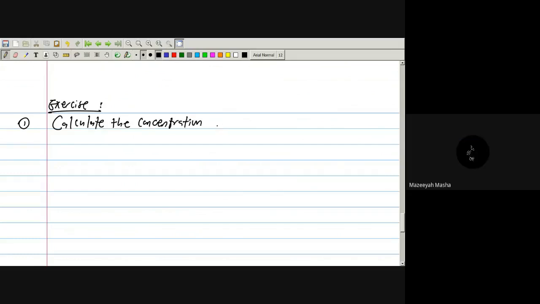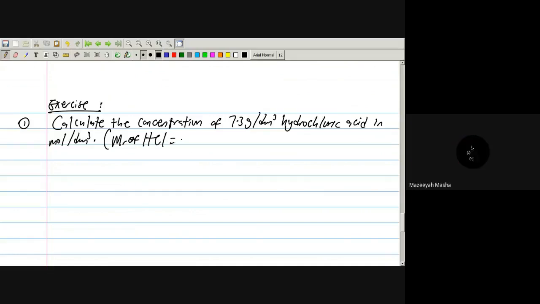Calculate the concentration of 7.3 gram per dm cubed hydrochloric acid in mole per dm cubed. They give you something like this. It means that they have given you the mass already. Check the molar mass, they are giving you everything already, 36.5.